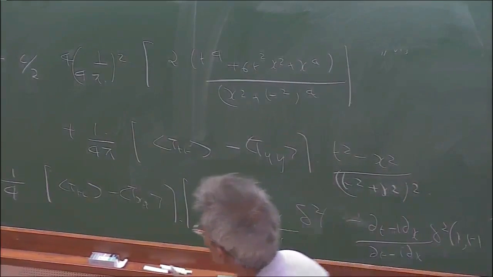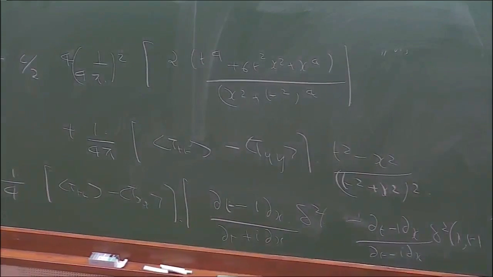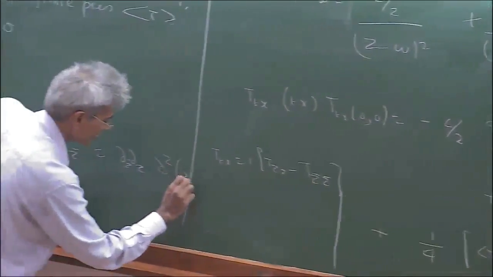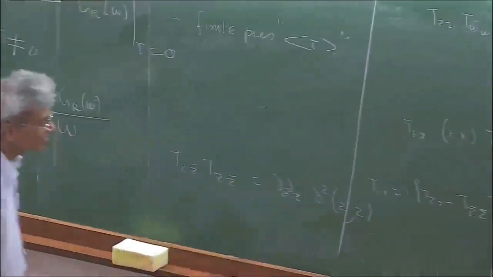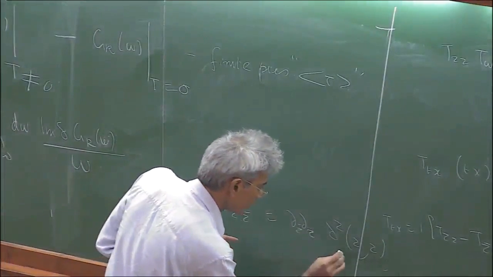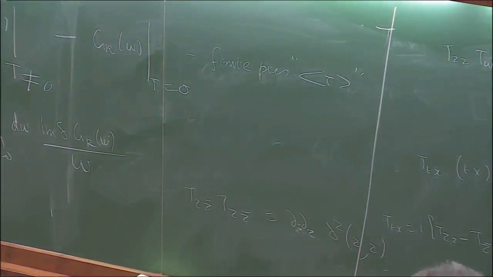The reason is that, if you remember, the trace anomaly comes from such terms. See, if you look at this correlator, this is a contact term. I know people will immediately ask me this. So for instance, this is a contact term, 1 by z.